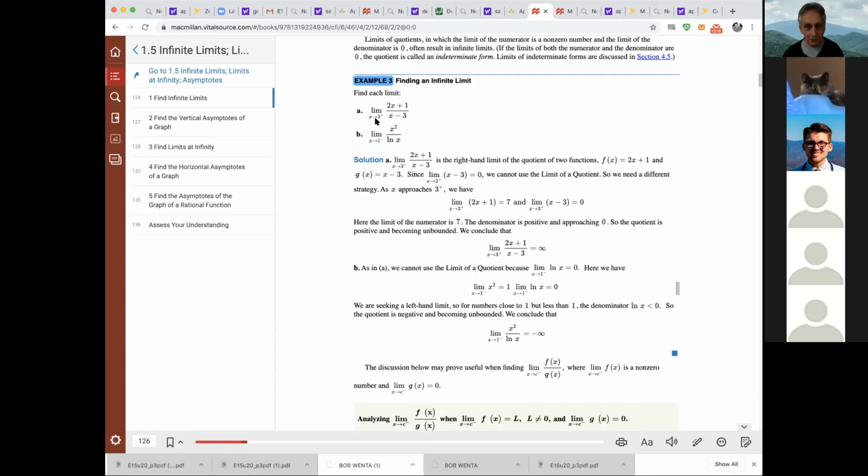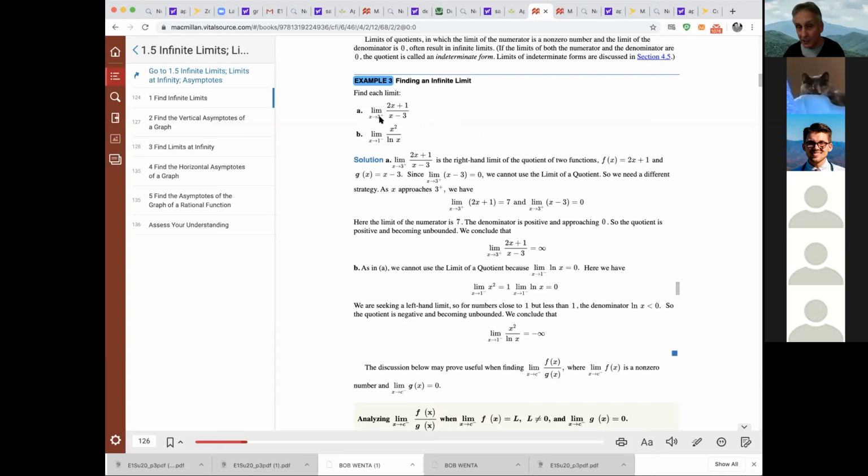What they talk through here is that as you're getting close to 3 from the right or from the left, this is getting close to 3 on top. The numerator's going to 3 times 2 plus 1, that's 6 plus 1, that's 7, that's positive. So the numerator is definitely positive.